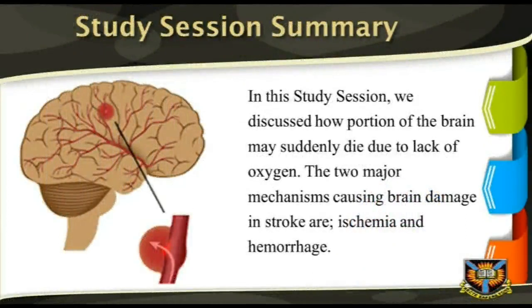Study session summary. In this study session, we discussed how portions of the brain may suddenly die due to lack of oxygen. The two major mechanisms discussed include ischemia and hemorrhage.